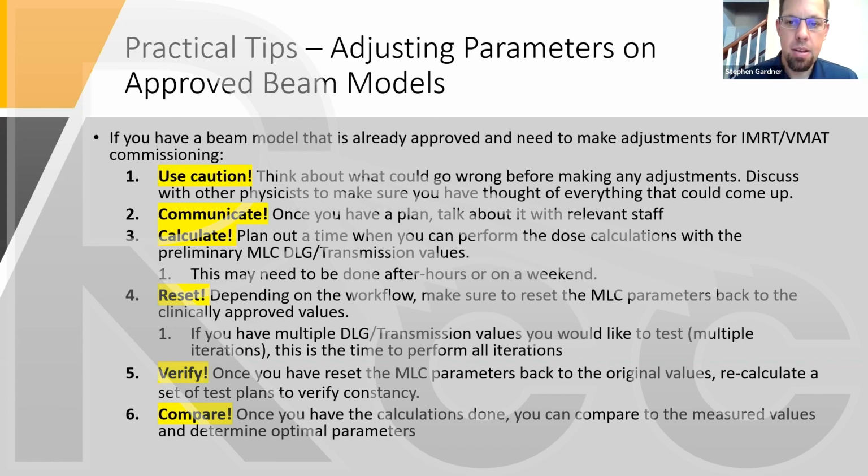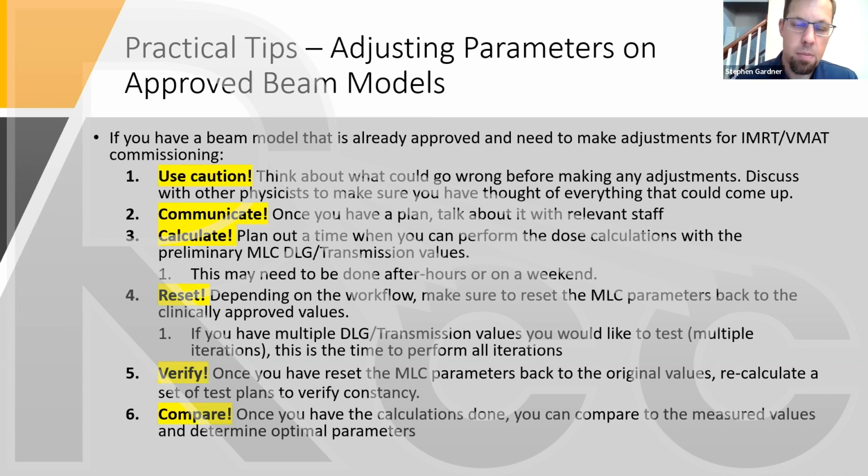If you have to make changes to an approved beam model, make the changes likely after hours or on a weekend. Weekends are great for this. Then measure, and actually calculate the plans that need to be calculated. If you need to switch back and forth, then you need to calculate and then reset the parameters for routine clinical use. If we're changing these over the weekend, we also want to verify the MLC parameter reset.